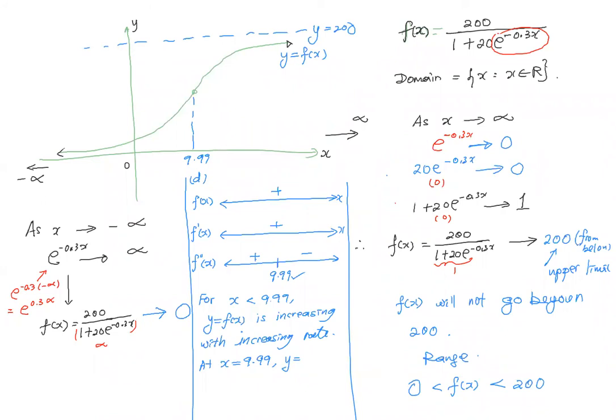At x equal to 9.99, y equal to f(x) is? f(x) is increasing with decreasing rate.